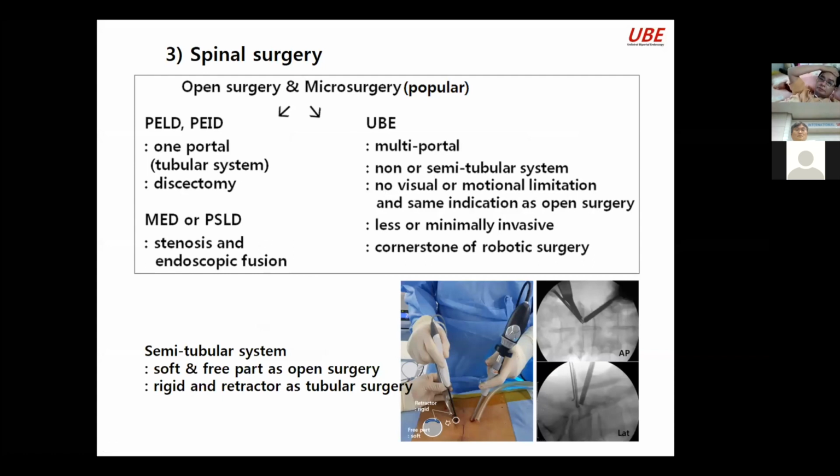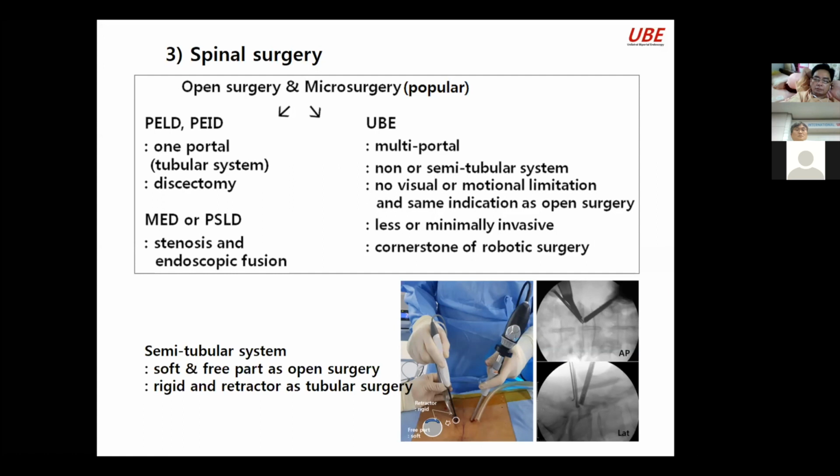In spine surgery nowadays, microsurgery is the most popular procedure, but in spine surgery two types of endoscopy have also developed. The first, the original endoscopic procedure, is the one portal system, PELD, a one portal tubular system, mainly for discectomy. Now MED or PSLD can do stenosis and endoscopic fusion.